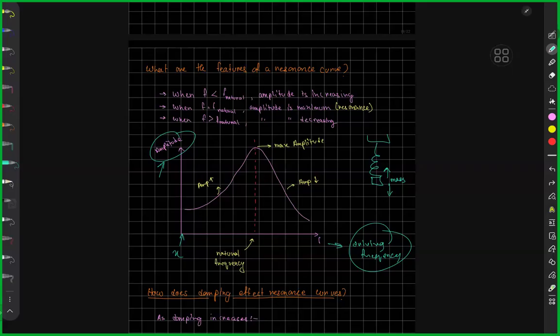I'm changing the frequency, and I want to observe at what frequency this mass starts moving up and down violently, that is, with maximum amplitude. That is what I'm observing. Granted, you understand what the graph is.